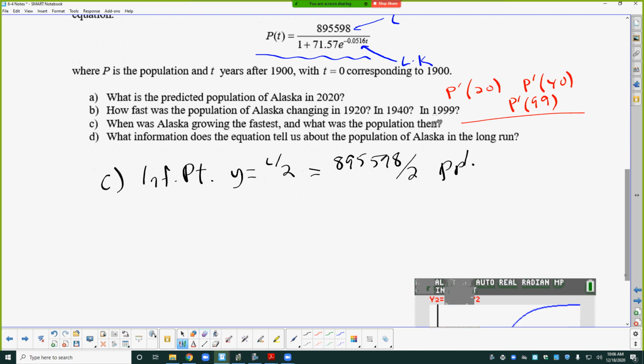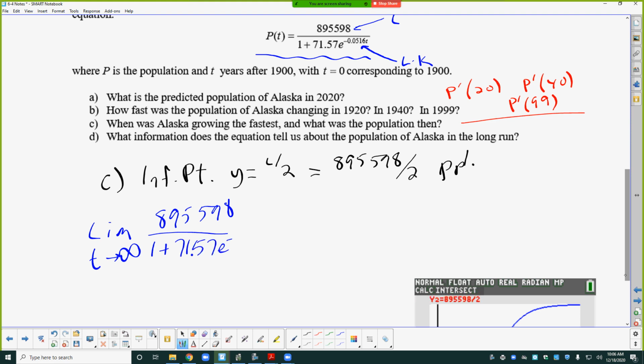I'm going to take the limit as t goes to infinity of 895,598 over 1 plus 71.57 e to the negative 0.516 t.